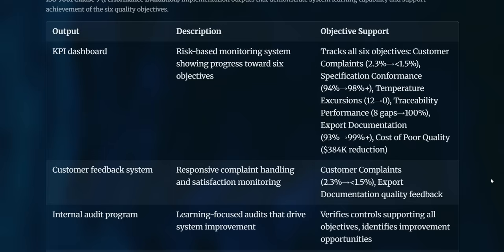The third output is the internal audit program. The description for the internal audit program is learning-focused audits that drive systematic improvement. The objective support for our internal audit program: it verifies controls supporting all objectives, and it identifies improvement opportunities.